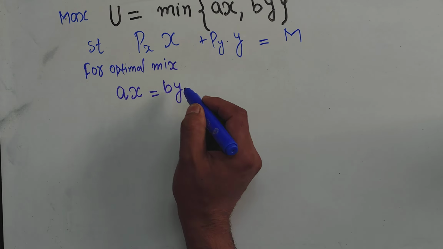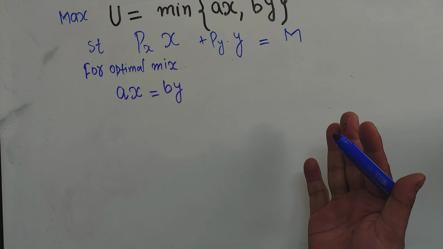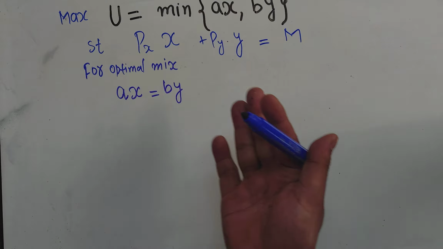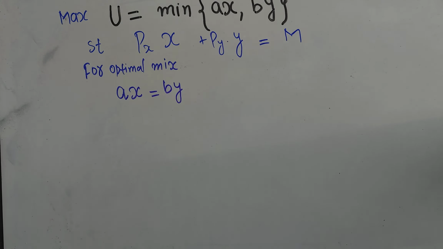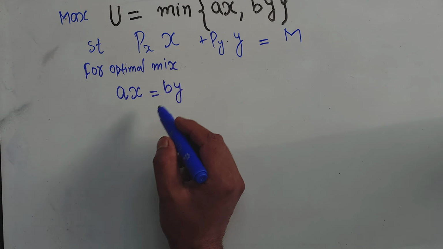The intuition behind this I have explained in earlier videos about the Leontief utility function. I don't have the time this time. So let us solve it for x then.